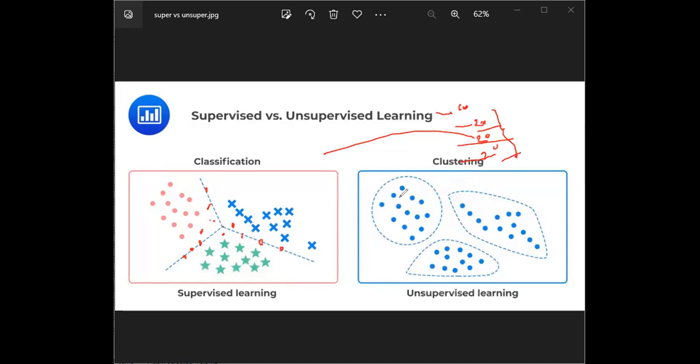It may be due to your location: if you belong to the north side, all of north will form a group, and if you belong to south, all of south will form a group. East or west, the clustering can form on anything; I'm just giving you an example.